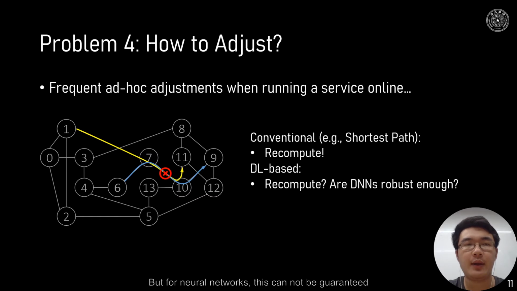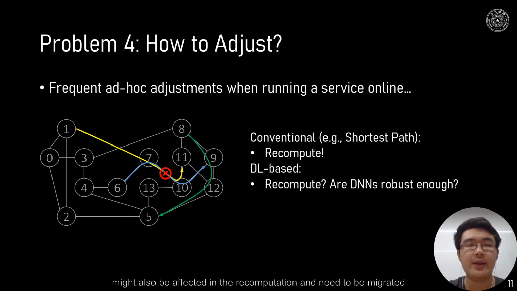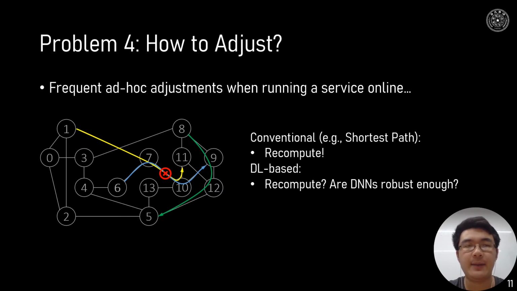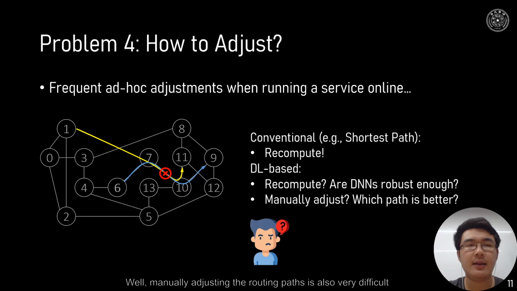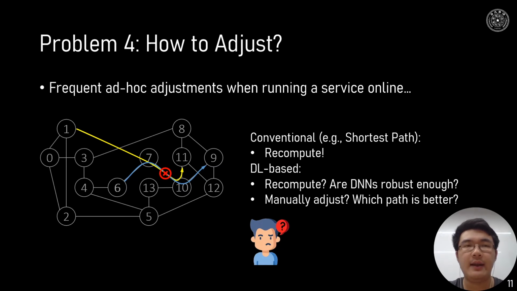But for neural networks, this cannot be guaranteed, since they are not stable and robust to the input. Other unrelated flows, such as the green flow in the figure, might also be affected in this recomputation and need to be migrated, which will increase the migration cost. Well, manually adjusting the routing paths is also very difficult, because we do not know why the DNNs make such decisions. Neither do we know which candidate path is better.